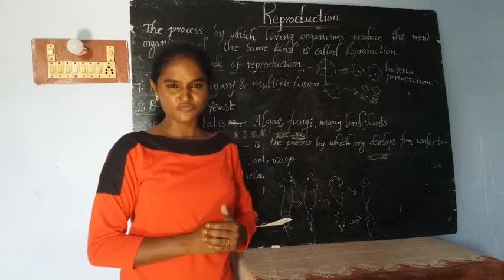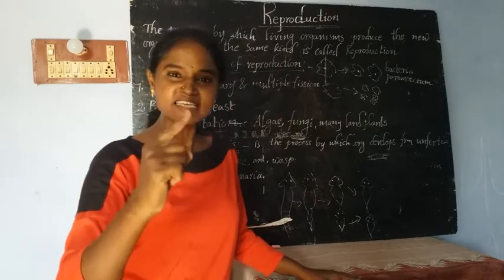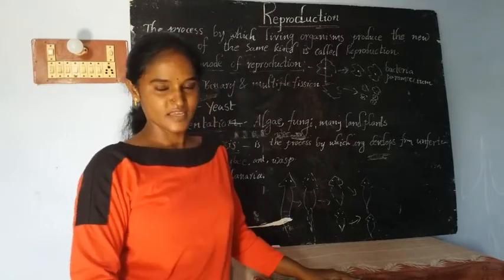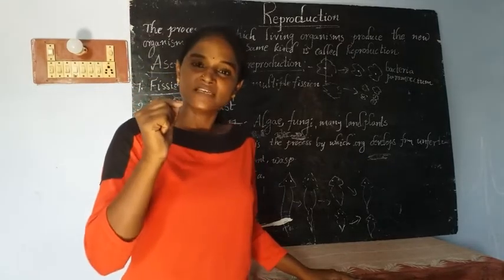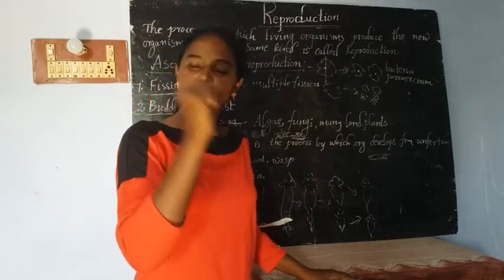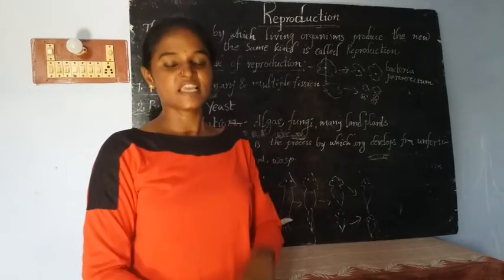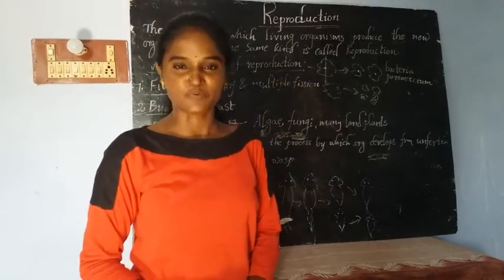Here, only a single organism, a single parent, is involved. We have to remember that only a single parent is involved in this reproduction, and there is no formation of gametes and no fusion of gametes.